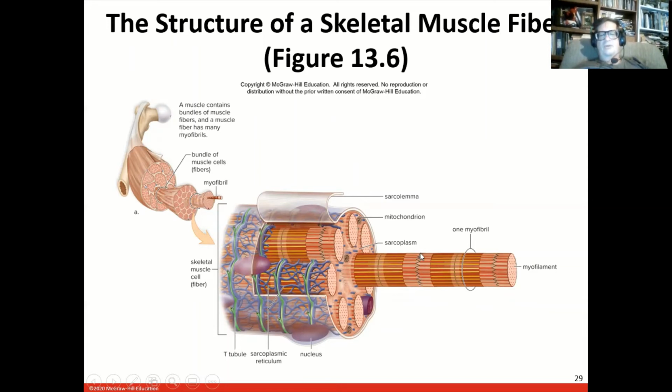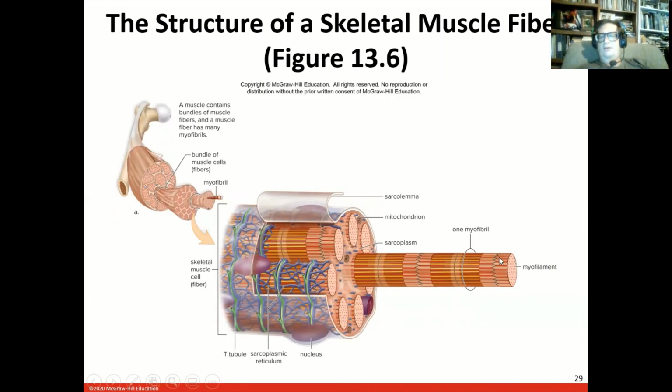You're like, well, what does that matter? Well, it matters because if these myosins are pulling on those, and these myosins are pulling on those, the muscle's going to get shorter. You're going to fill in the space. This space right here is going to get a lot narrower as the myosins pull in.